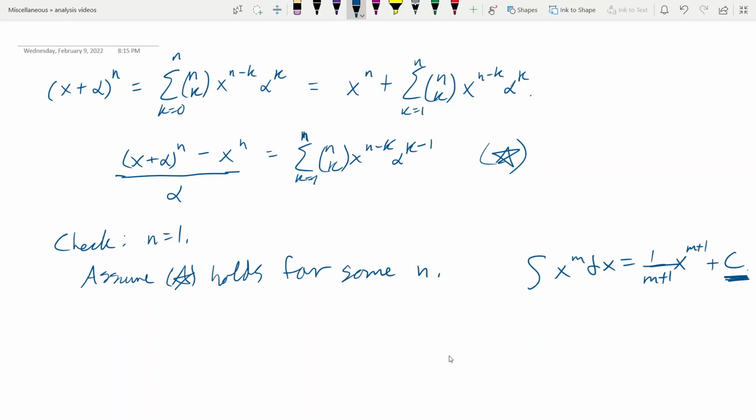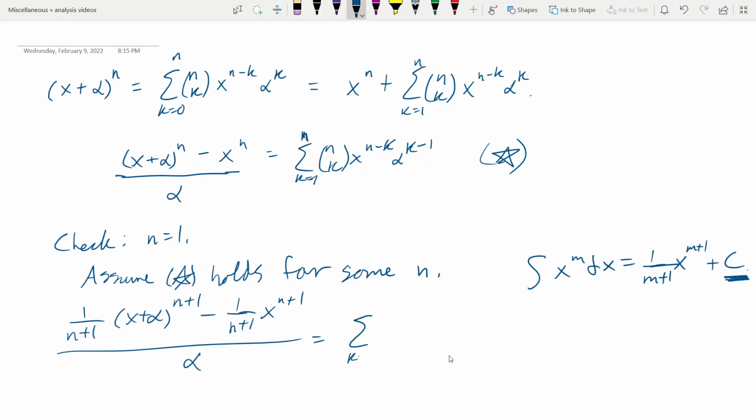Anyway, we can apply that to the left-hand side. That's going to give us this, all over alpha. And on the right, I can just integrate this thing term by term.